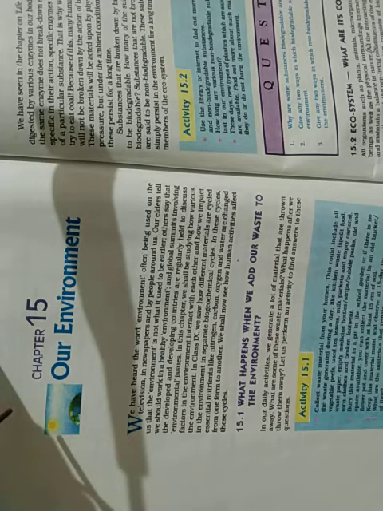Biotic components include all the living organisms like plants, animals including human beings, and all the microscopic organisms. Abiotic components are water, air, light, temperature, soil, all the non-living components present in our environment.